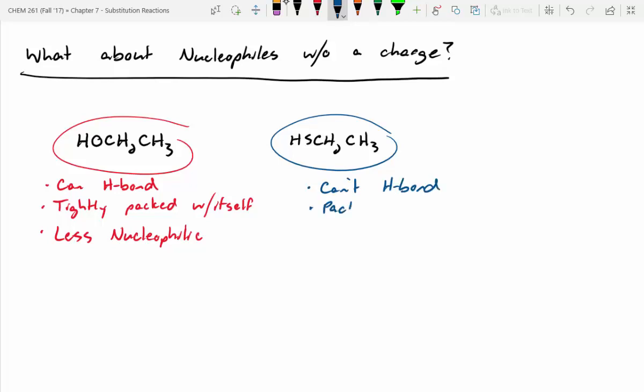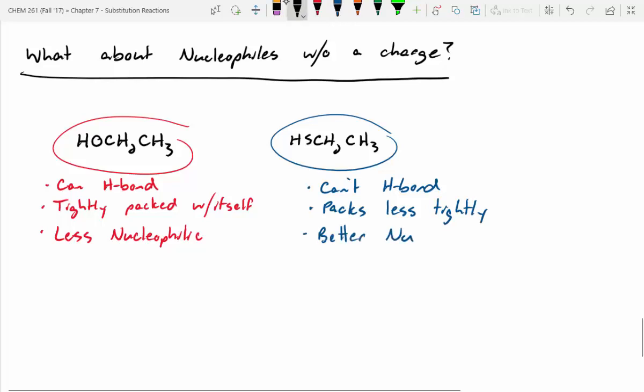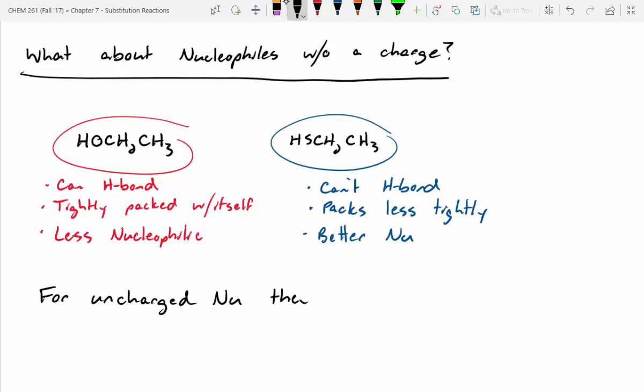That means it packs less tightly. That means that it's a better nucleophile. So if you have an uncharged species, so for uncharged nucleophiles, they get better as you go down a column.